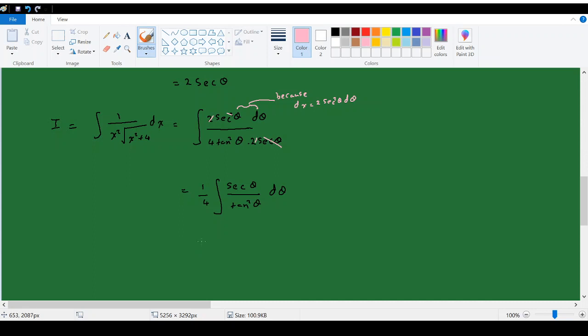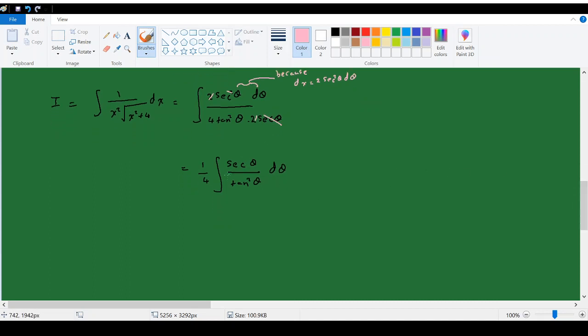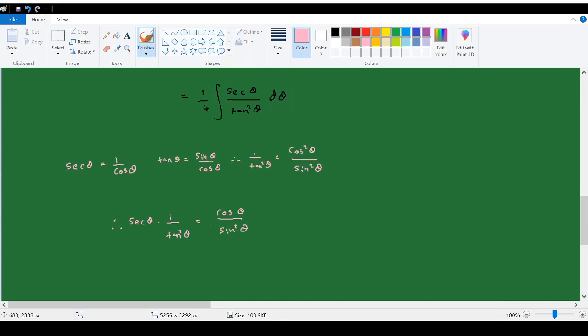And then what we can do is we can write this sec theta and tan theta terms in terms of sine and cosine, which means sec theta is 1 over cos theta and tan theta is sine theta over cos theta.